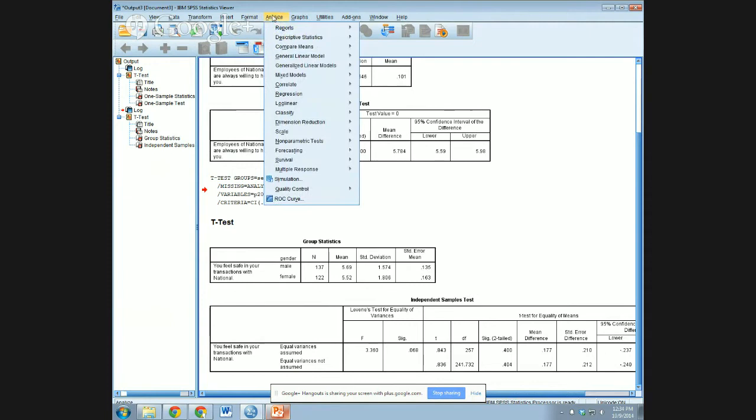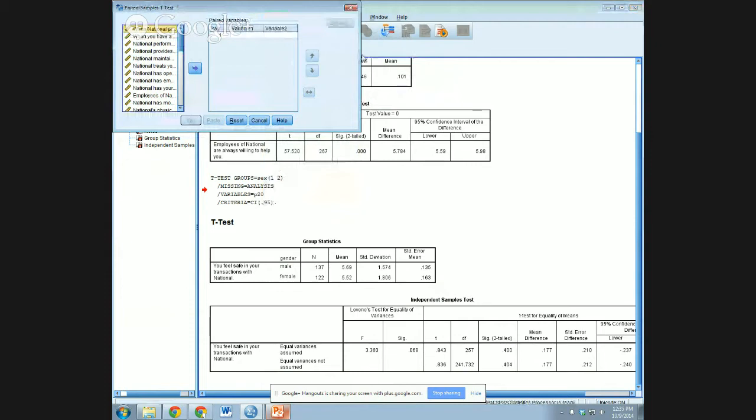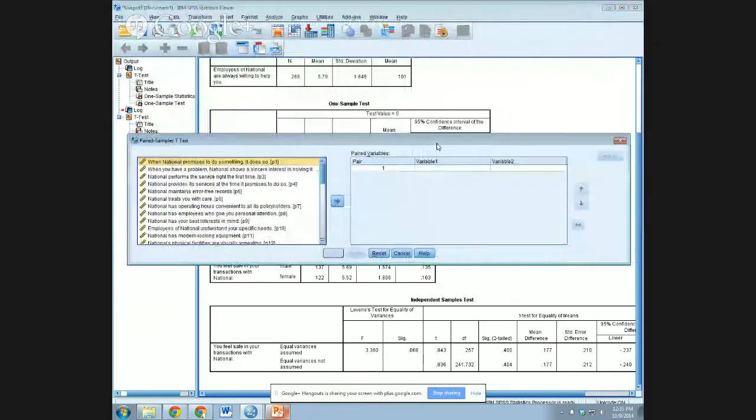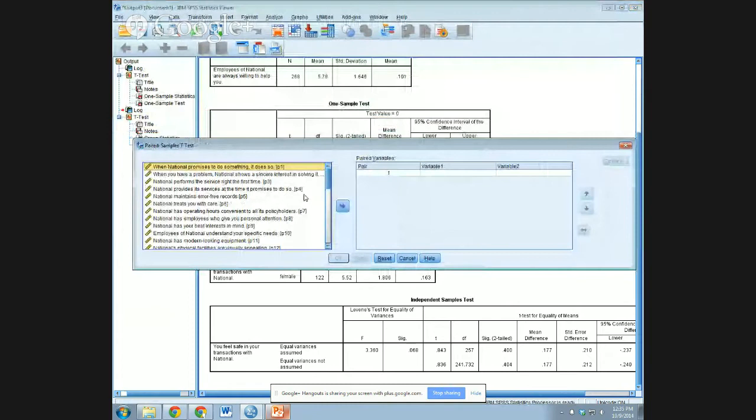Now let's find out about a paired samples t-test. Again, paired samples means that there's a relationship between two groups, that the responses originated from the same sample population. These people are answering from the same population.